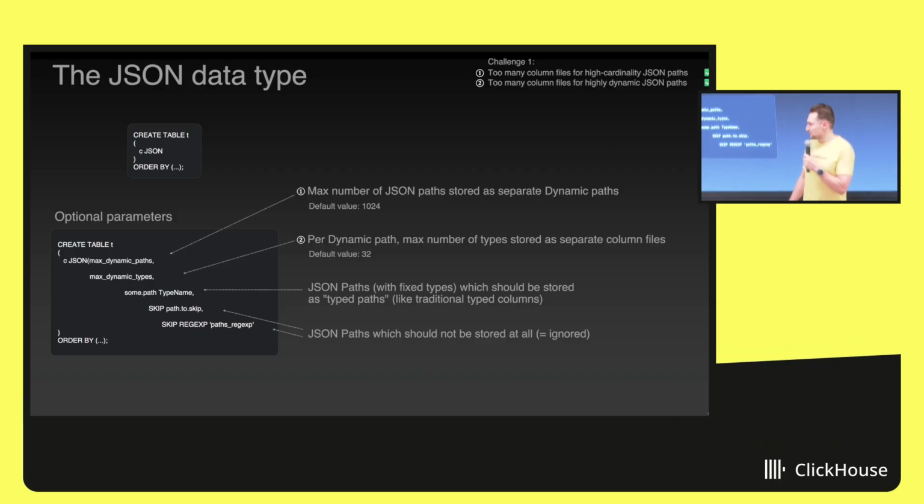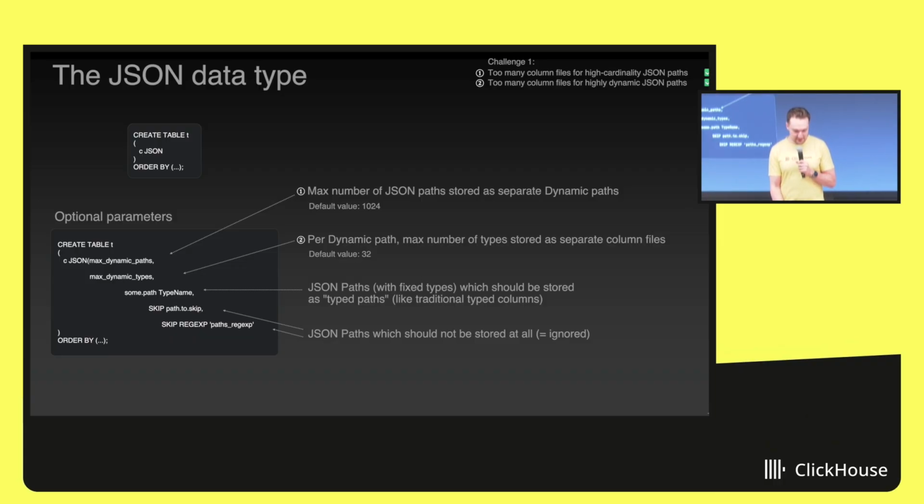And we can skip part of the JSON if we don't want to store the data. Like if you know that part of JSON contains some encrypted data and you don't want to store it inside ClickHouse, or PII data, just skip it, and you can skip by regular expression. So it's pretty handy. Let's take a look at how it works when the number of dynamic paths starts to grow over the limit.